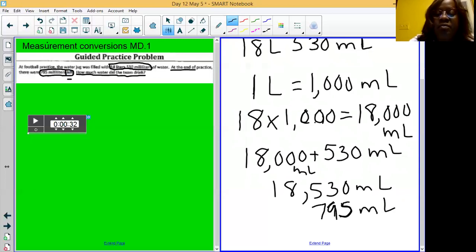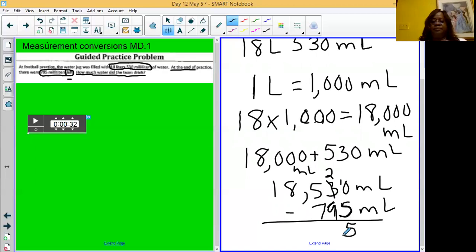So now all of my units are the same. So I'm going to be careful to line up my digits. I'm going to start in the ones place. I can't take 5 from 0, so I'll go and I'll borrow. My 3 becomes a 2, and I'll take my 10 and put it over here. 10 minus 5 I know is 5. And I'm going to pause right there and let you catch up before I go any further.